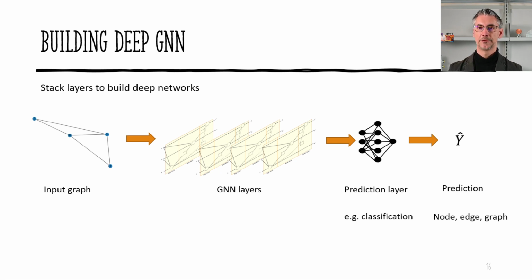Here we do the same thing, but with graphs. We have the input graphs instead of the images. Then we have the graph neural network layers that are essentially the convolutional neural network layers in a different context. And now we have the prediction layer, for example, the classification head.